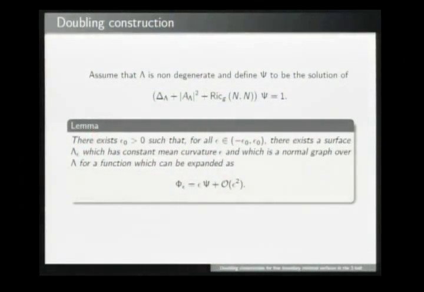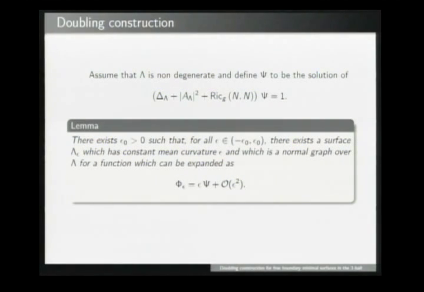Now, the idea is that once you have a minimal surface sitting in your three-manifold, and you assume that it is non-degenerate, you can apply the implicit function theorem and produce surfaces that are nearby and are parameterized by their mean curvature. So the statement, which is completely obvious, is that close to Lambda, you will have a one-parameter family of surfaces which have constant mean curvature equal to epsilon, where epsilon is a small parameter close to 0.